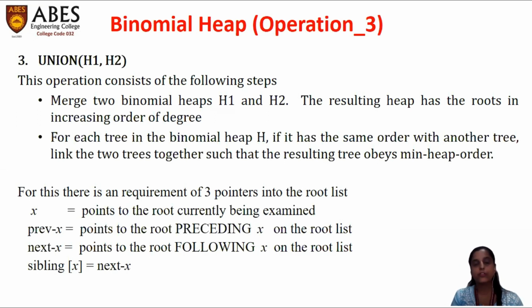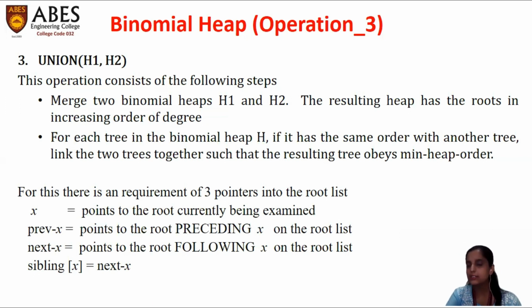When we studied the properties of binomial heap, we saw that whenever we construct a binomial heap, all the binomial trees should be arranged in increasing order, and no two binomial trees can have the same degree. So these properties will definitely be violated when we merge two binomial heaps together. We have to find a way to resolve these violations and merge two binomial heaps into a single binomial heap.